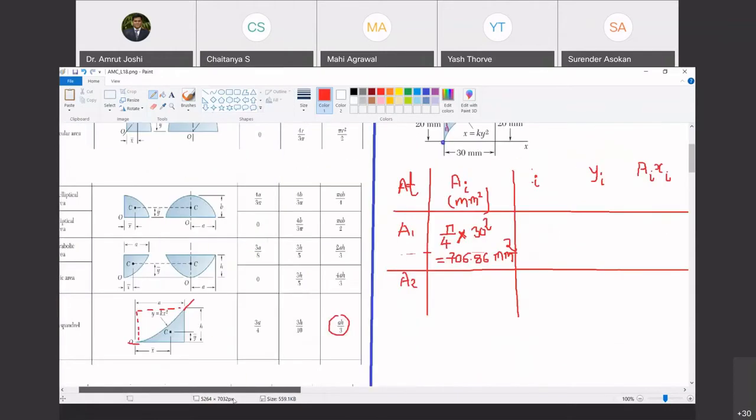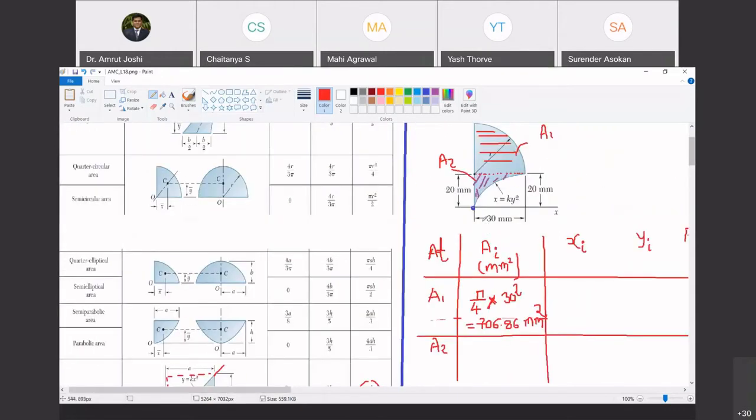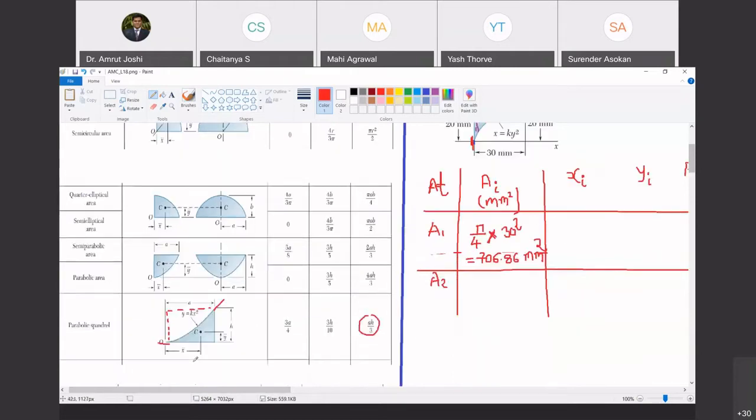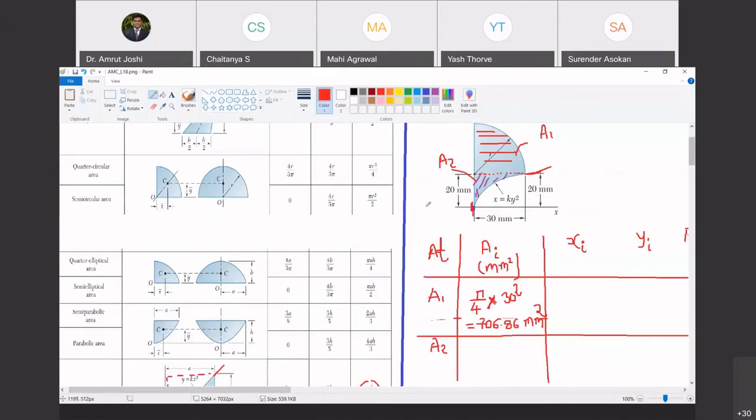Now, this same parabola we have rotated. How did we rotate it? Now tell me, where is the tangent inclined? It is inclined at this location. Do you agree with me? Yes, sir. It is inclined at this location and it is vertical at this location. So if I were to use the same formula as given here, which dimension should I call x bar? So I need to call this x bar for A2. Do you agree with me? Yes, sir.